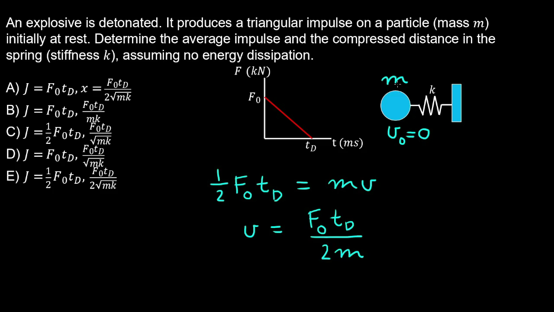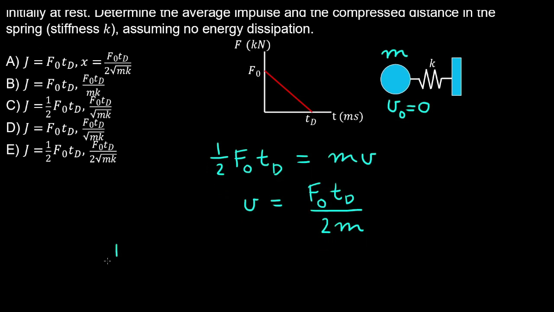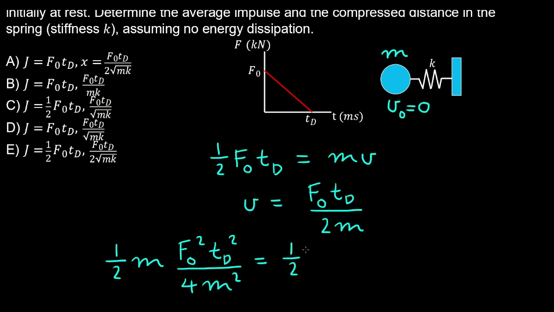And now we can apply the conservation of energy. We have the kinetic energy of the mass, which is 1/2 by m by v squared, which is F0 squared td squared on 4m squared, and that's transferred into elastic potential energy when this spring is compressed over some distance x.